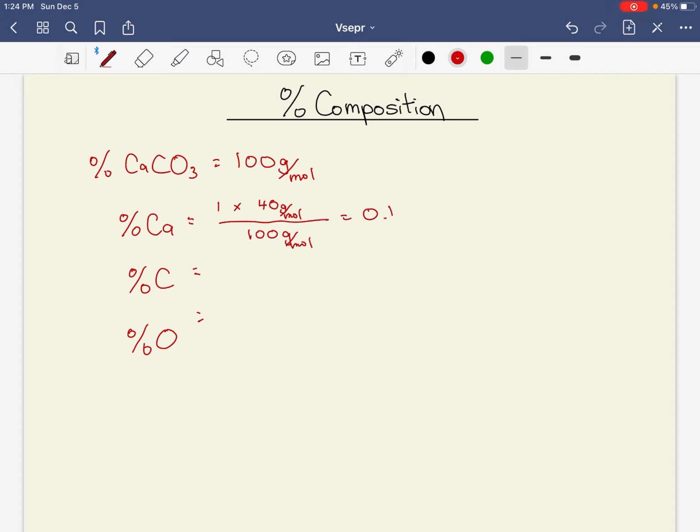Oh, I forgot to multiply by 100. That will be 40%, meaning the other 60% is carbon and oxygen. Carbon is 1 times 12 grams per mole over 100, times 100. So you're looking at 12%.